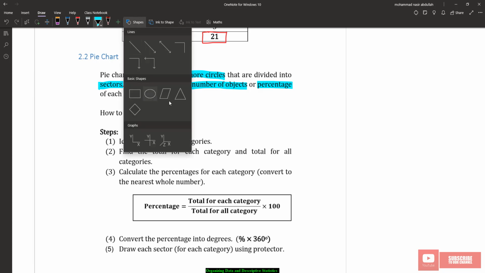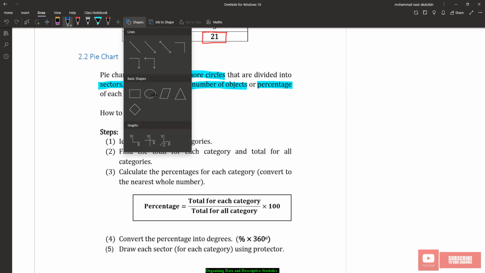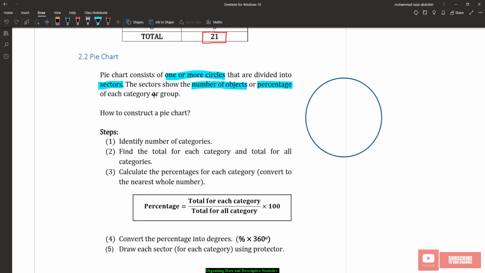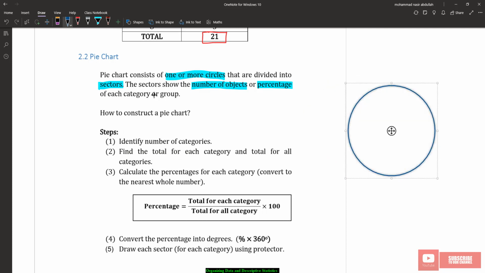Let's say you need to create one circle. This circle represents the whole pie. Nowadays, people are trying to modify the normal pie chart into a donut chart, and so on. So, how to construct a pie chart?